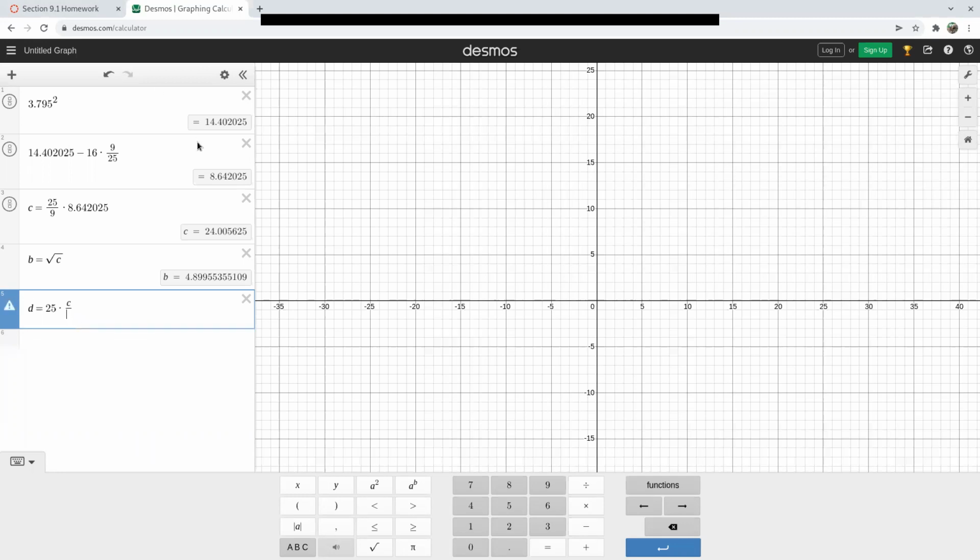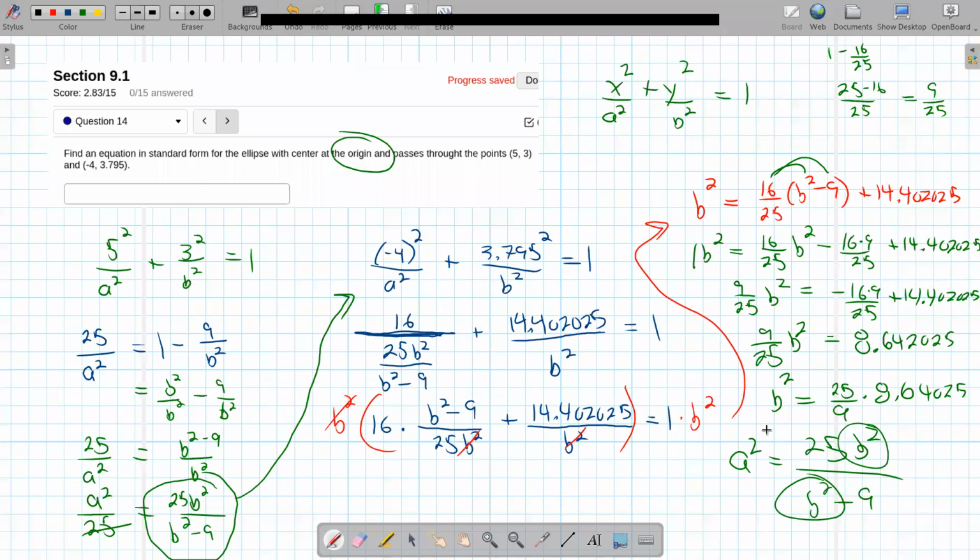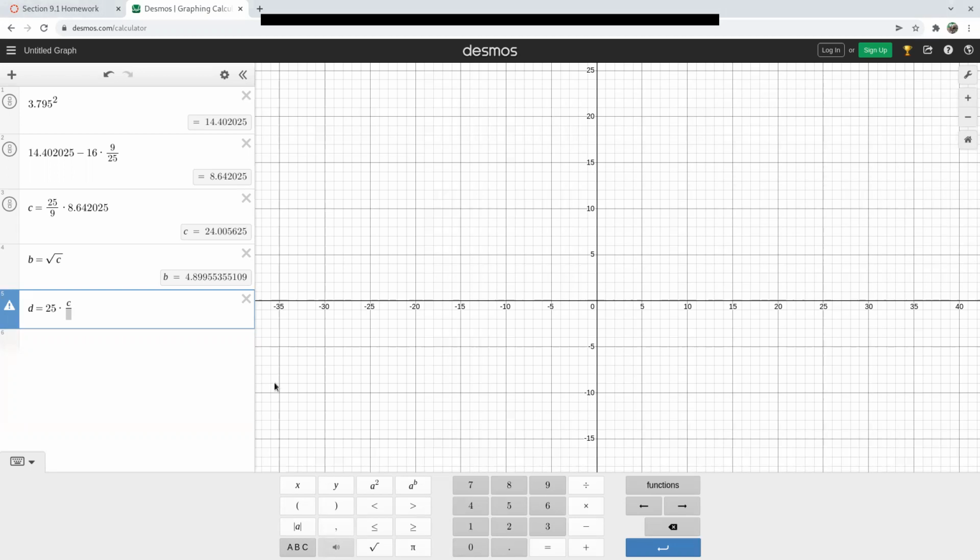Let's double check. There's my whiteboard. Over B squared minus 9. And again, that's the number I'm calling C there. So over B squared, which is C in my calculator, minus 9. And that number right there, we want the square root of that. So that is what we would call A here, the square root of that fraction, D.